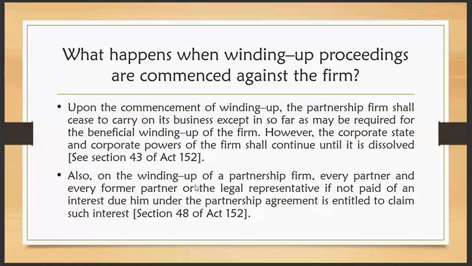You have a positive balance. You can pay all the debts and liabilities, so something may even be left. So if, for example, an interest or a share of profit is supposed to be paid to you, it has not been paid, and there's an arrears which you have, you're entitled to actually claim that. So look at section 48 of Act 152.